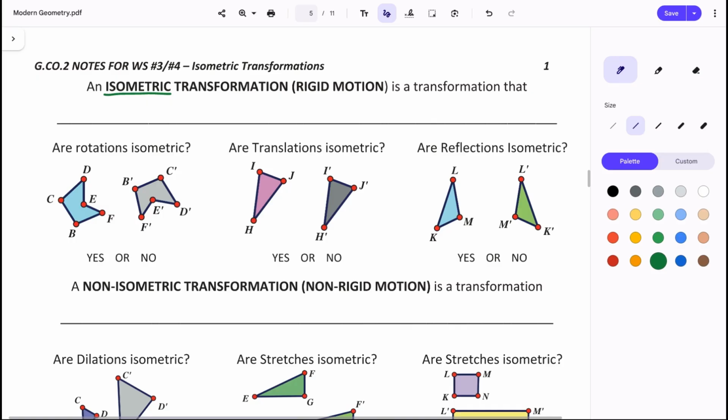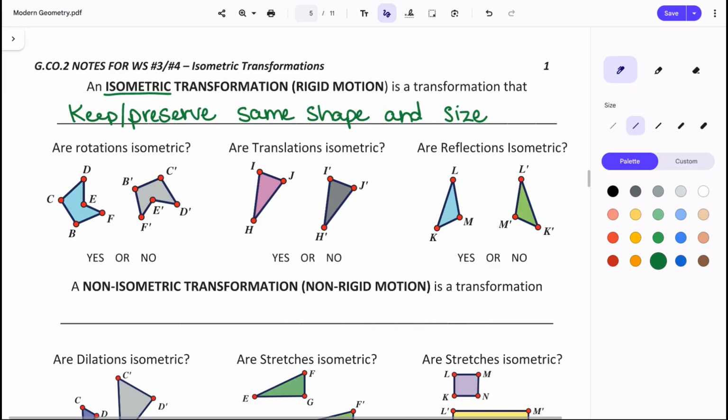And that means that you're going to preserve the same shape and size. So a transformation meant that you had the same number of points in both shapes.